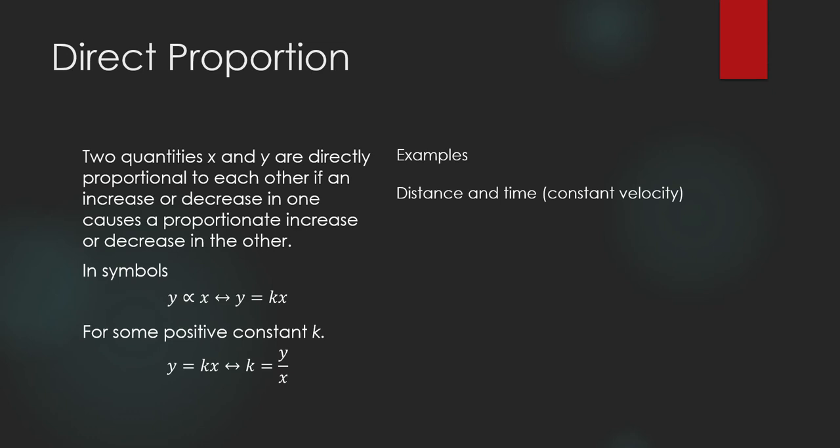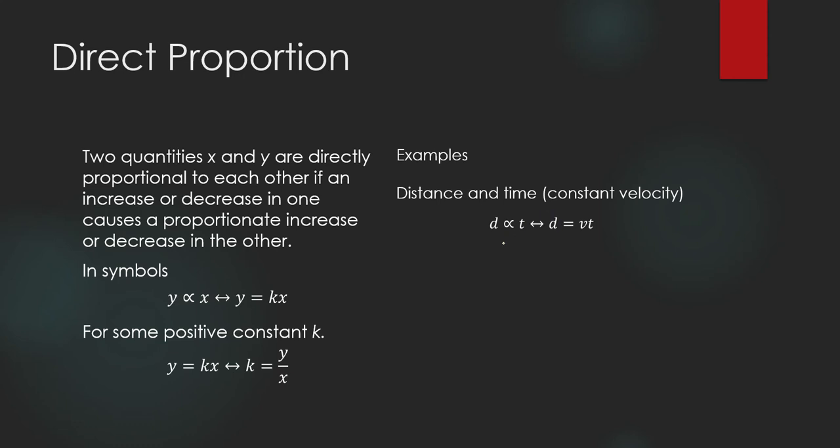Examples: distance and time, where the constant is velocity. So think, for example, of you running a 5-kilometer run and assuming that you can run at a constant velocity, okay? So the distance that you will cover is directly proportional to the length of time that you are running.